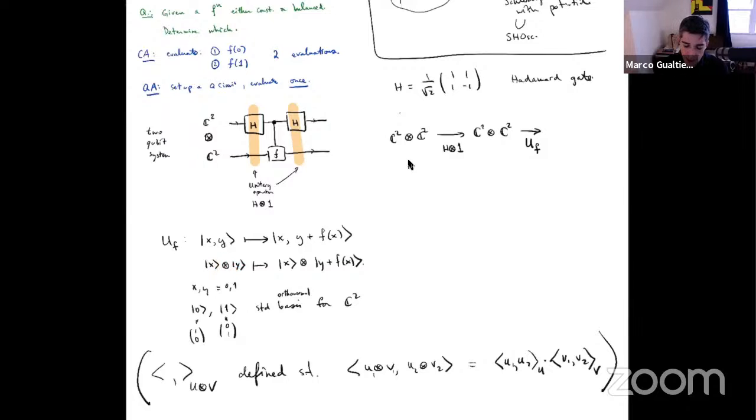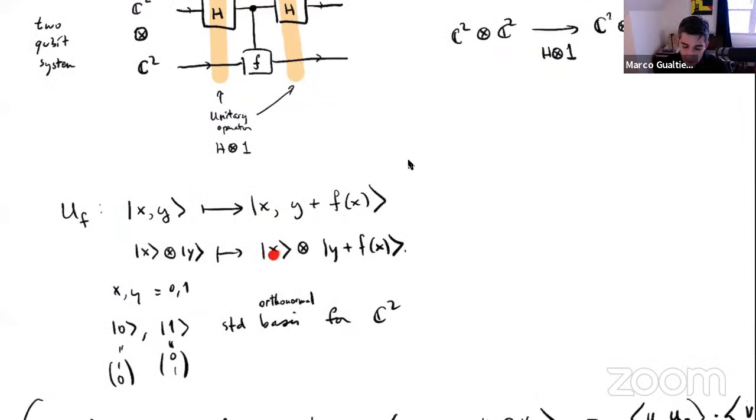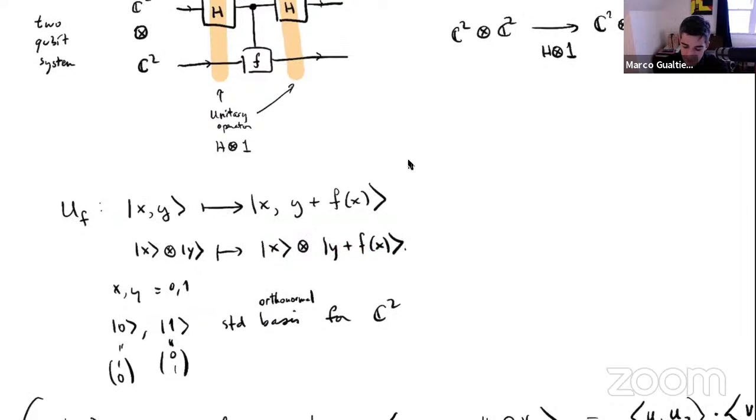And I explain what this operator does to each of these unit vectors. It takes it to a vector like this. And this is another unit vector, because what's inside here is one of the unit vectors, and this quantity is a sum in Z mod 2Z. So 0 plus 0 is 0, 0 plus 1 is 1, 1 plus 0 is 1, and 1 plus 1 is 0.